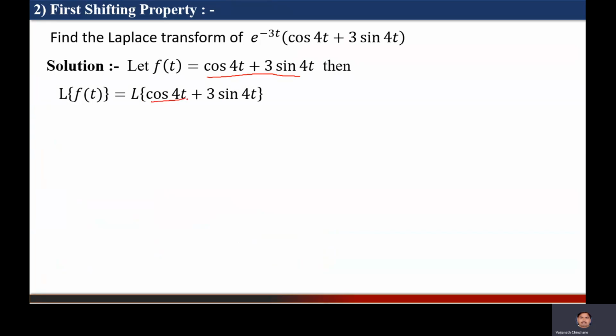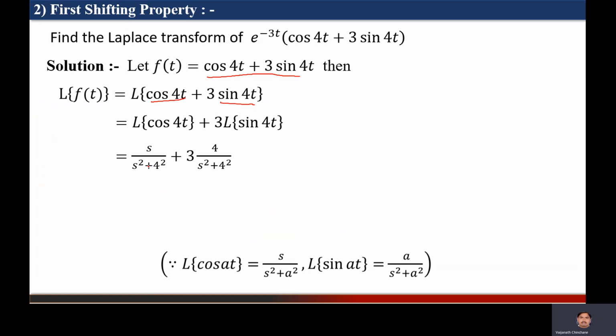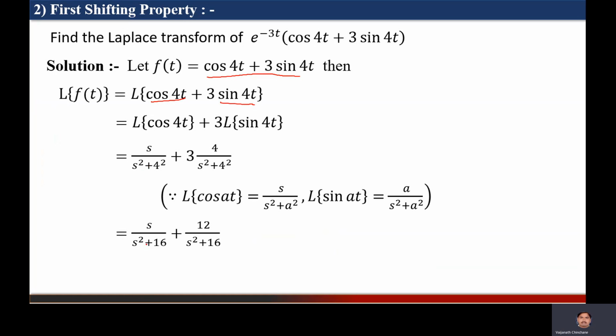We know that Laplace of cos 4t is s upon s square plus 16, and Laplace of sin 4t is 4 upon s square plus 16. So that is equal to s upon s square plus 16 plus 3 into 4, which is 12, divided by s square plus 16. So this is your F of s.